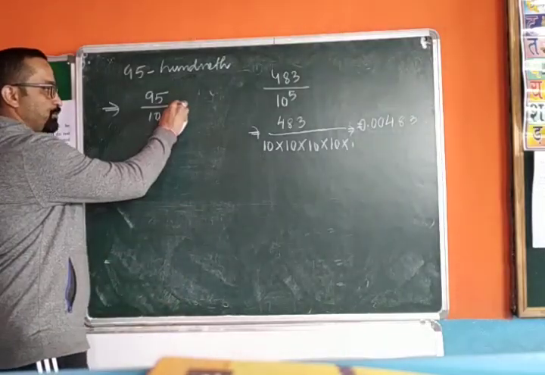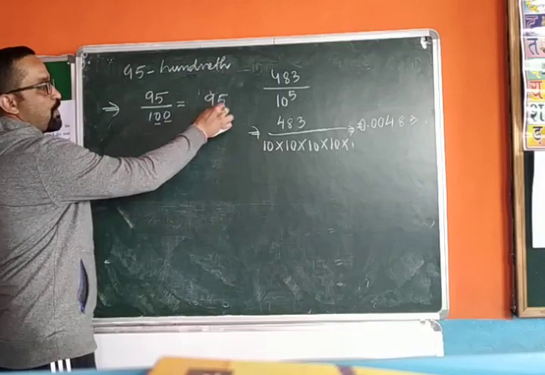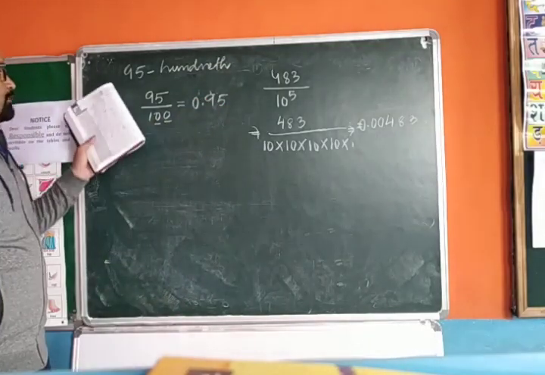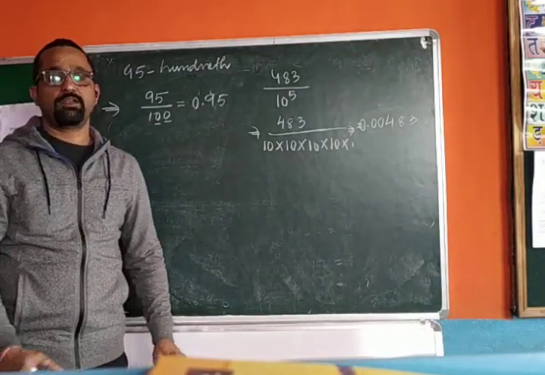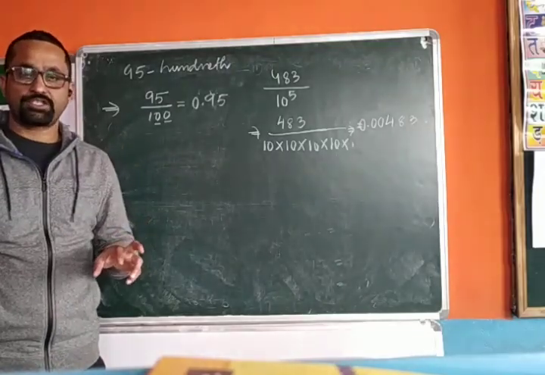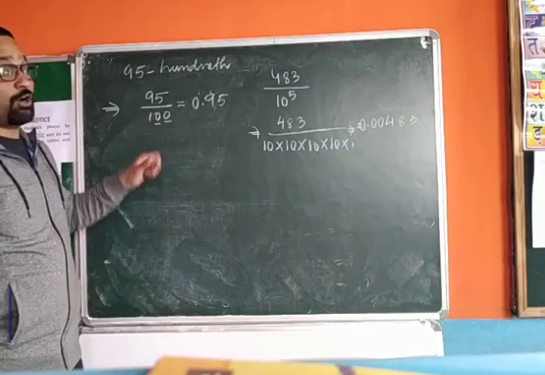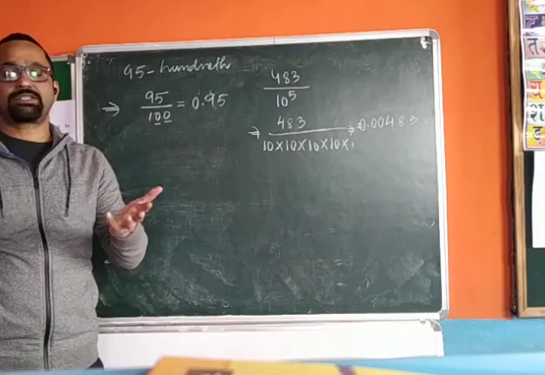So what do we do? We copy 95. Count the number of zeros, 1, 2, decimal, 0. The given fraction gets converted to a decimal fraction. These are examples of conversion of a given fraction into decimal fractions when you have denominator 10, 100, 1000, 10,000, etc.